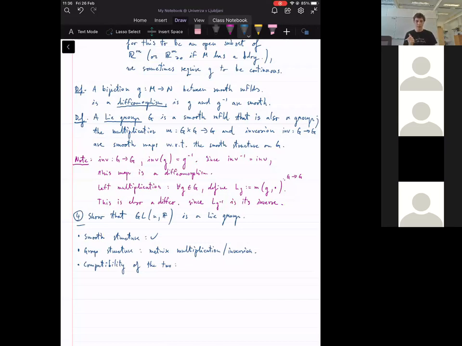So how do we do that? Let's first touch multiplication. Why is multiplication a smooth map?